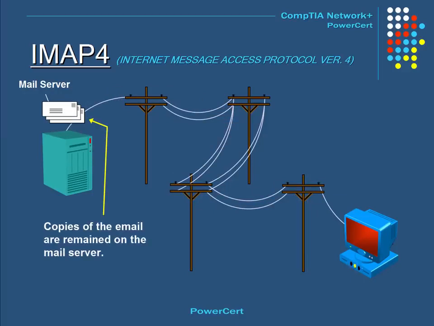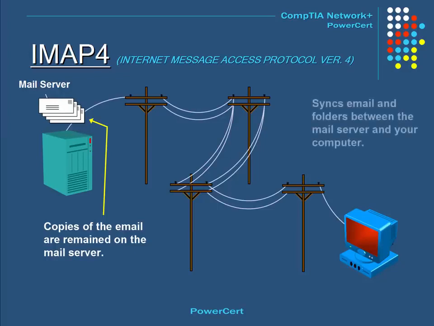So if you wanted to read your email and keep a copy of it on the server, IMAP4 will allow you to do just that. And unlike POP3, IMAP4 syncs your email and your email folders from the mail server with your computer. And IMAP4 is also commonly used with Microsoft Outlook.